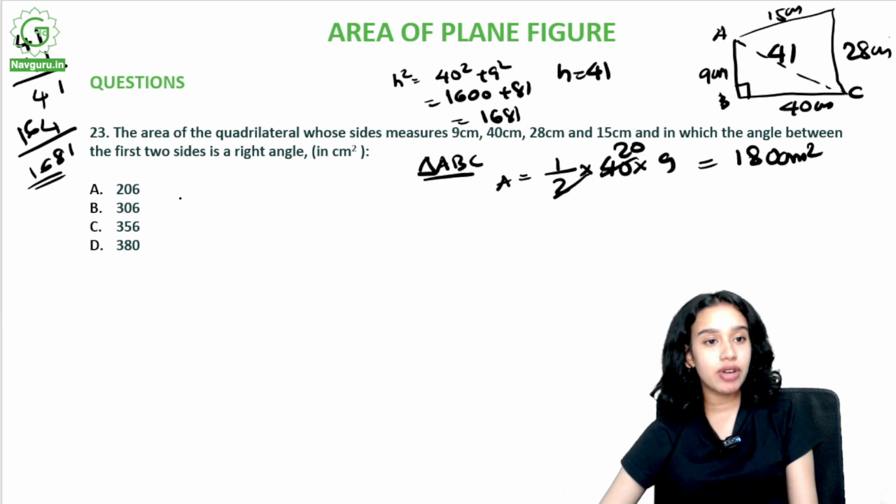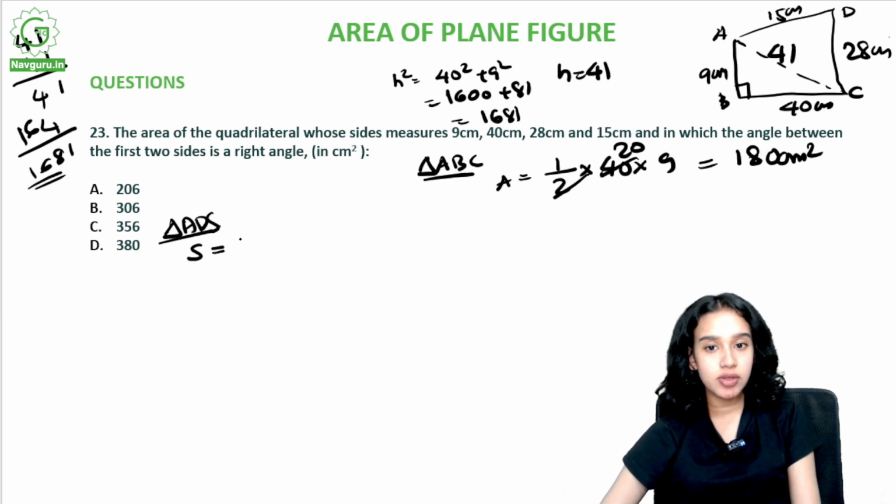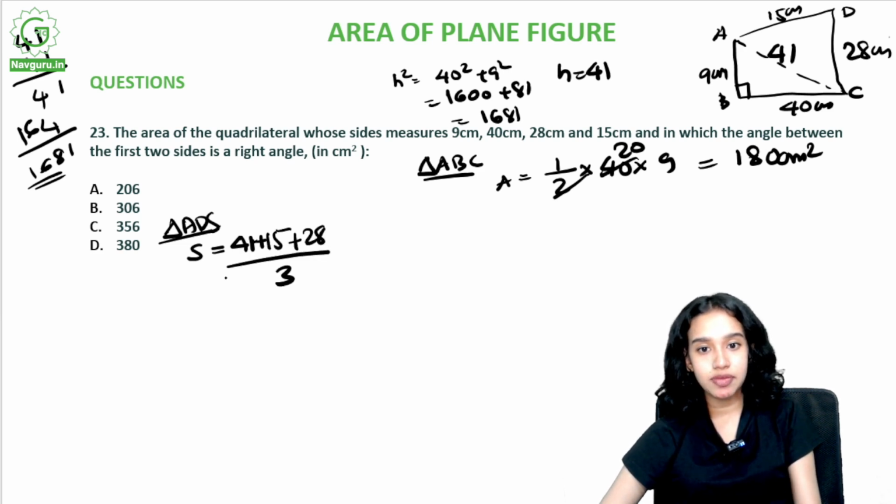Now to find the area of the second triangle, that is ADC, we have this formula, right, which we learnt earlier. So we'll find the average of the sides, which is 41 plus 15 plus 28 by 3, right?